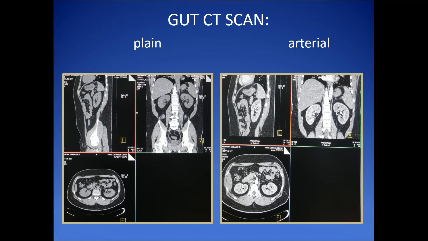So this is a normal GUT CT scan in different phases. As I have said, we start with the plain without any contrast. Here in sagittal, coronal, and in axial.